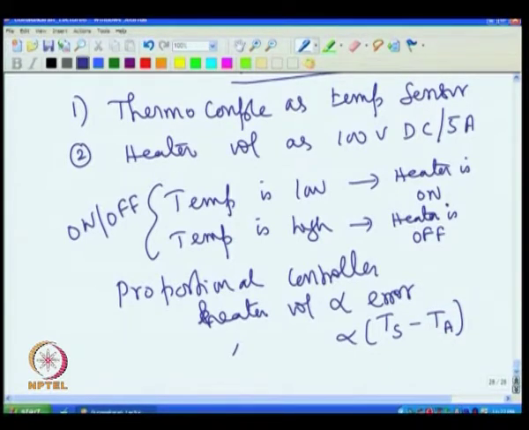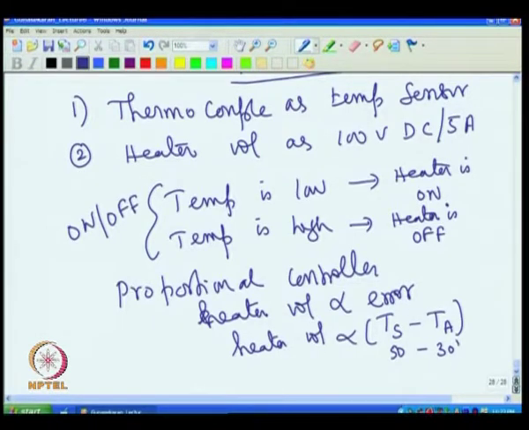So, heater voltage is always proportional to this. That is, if I set say 50 degree and the actual temperature is 40 degree, then the difference is 10 degree, and corresponding to that the heater voltage will be there. Suppose this is 50 and this is 30 degree, then the difference is more, so the heater voltage will be more. If the error is more, the heater voltage will be more. If the error is 0, the heater voltage obviously will be 0.